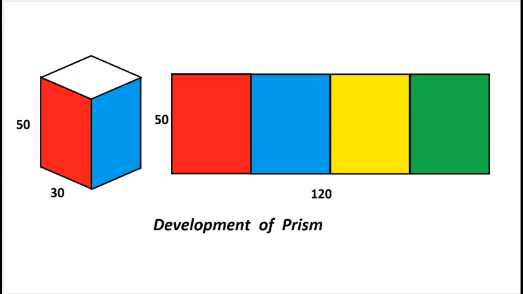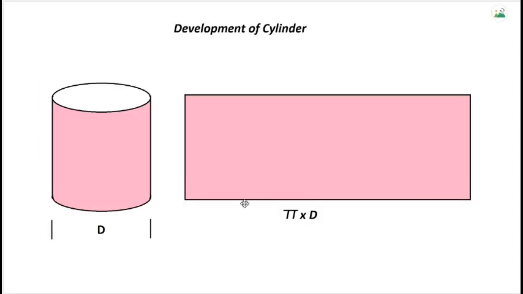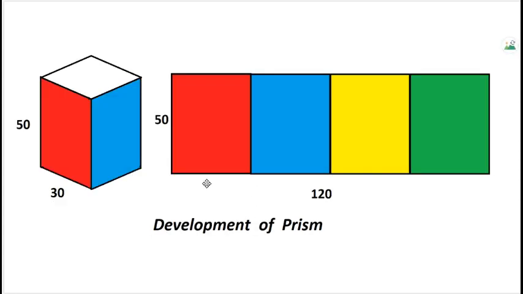Development of a cylinder and development of a prism are somewhat similar to each other because both are rectangles. Only the length is equal to the circumference in the case of a cylinder, and in the case of a prism it is equal to the base multiplied by the number of sides.